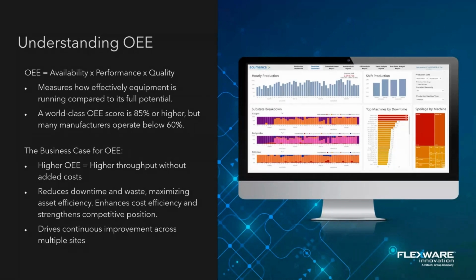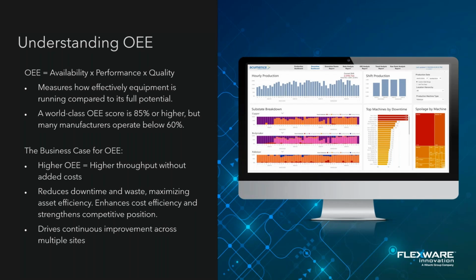In short, one of the reasons why we believe OEE is such an important metric is because it really tells us how effective we are at throughput without adding any additional costs or time to our manufacturing process. We see a wide range of OEE scores or percentages. 85 and above is something that we see in the world-class manufacturers.